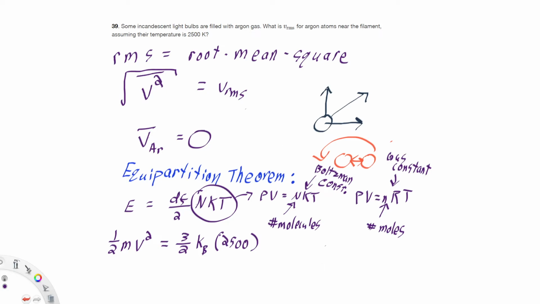Yeah, so big N is the number of particles, right? And Avogadro's number is particles per mole. Oh, yeah, I guess so. Now that I'm thinking about it.